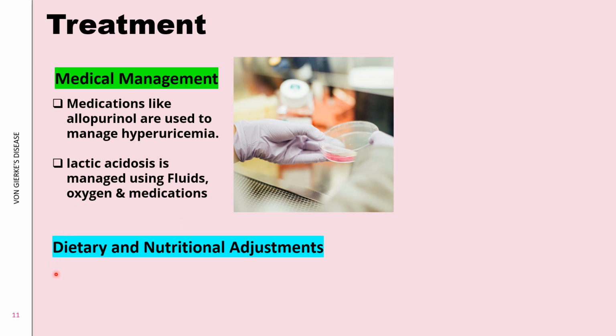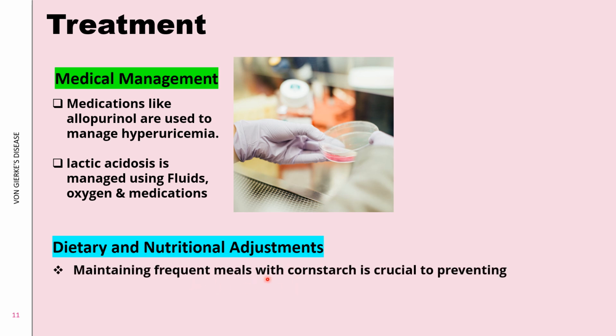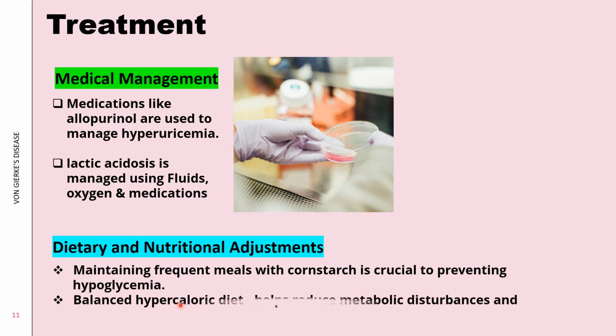Apart from the medical management, dietary and nutritional adjustments are also made, like frequent meals with complex carbohydrates like cornstarch, which is crucial to prevent hypoglycemia, along with a balanced hypercaloric diet, meaning excess calories are given to the patient, which helps reduce the metabolic disturbances and manage the growth irregularities.